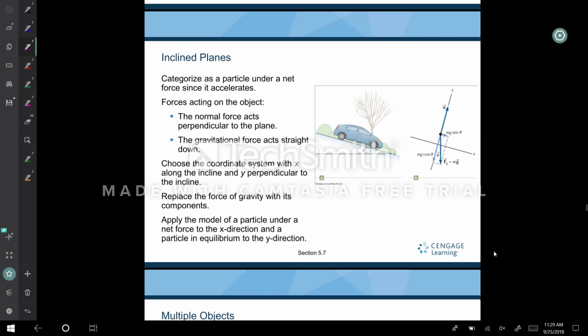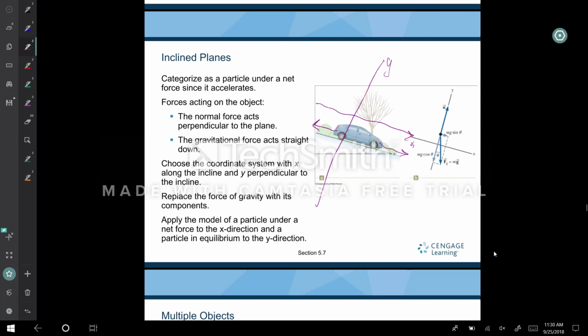So what we need to do is to orient our coordinate system so that one axis is along the possible acceleration axis, and the other is perpendicular. So this car can accelerate down or back, depending upon which gear you're in. So that's going to be one of our coordinate axes. That immediately fixes the other axis perpendicular to it. You see that?